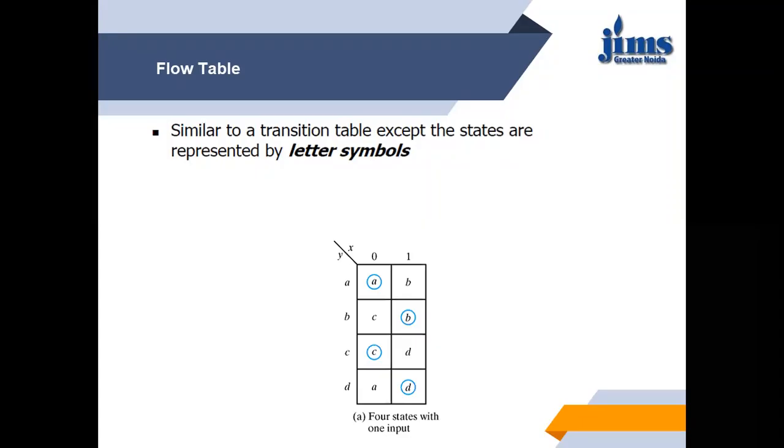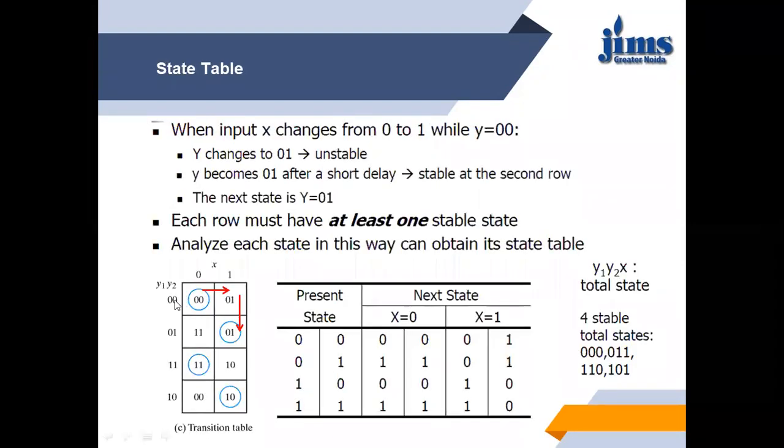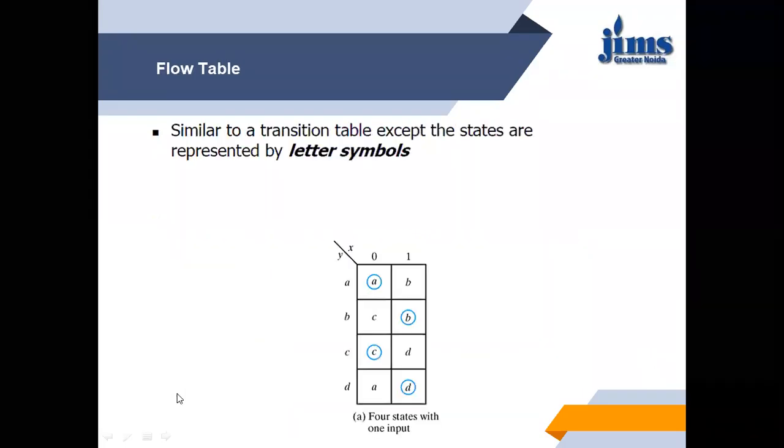Here we have represented states by 0 and 1. Instead of 0, 1, we have represented them as A, B, C, D. I represent 0, 0 as A, 0, 1 as B, 1, 1 as C, and 1, 0 as D. So I have done the same here.